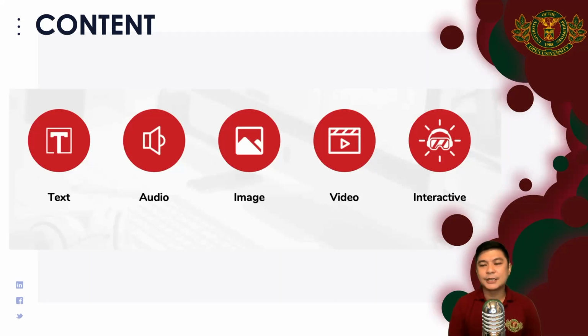And then images. That's the basic ones. But for more advanced, or if you want to be differentiated in selling your product, you can pursue audio, video, and interactive, or content that needs user interaction for it to work.